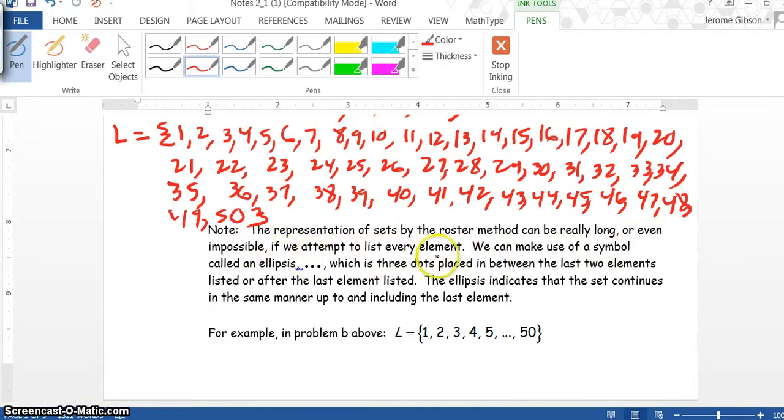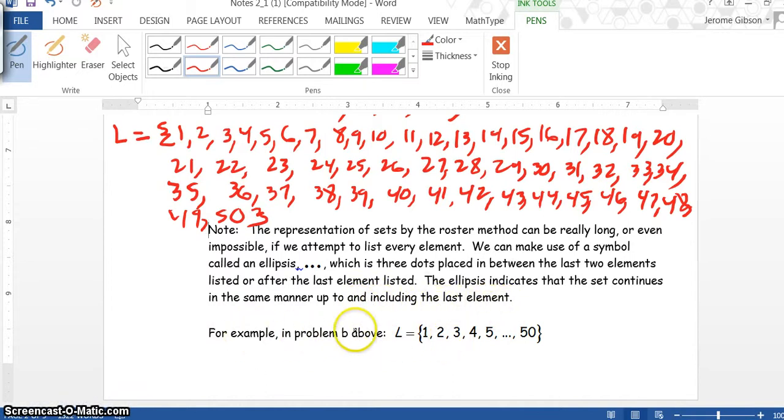If we attempt to list every element, we can make use of a symbol called an ellipsis, which are these 3 dots placed in between the last 2 elements listed or after the last element listed. The ellipsis indicates that the set continues in the same manner up to and including the last element.